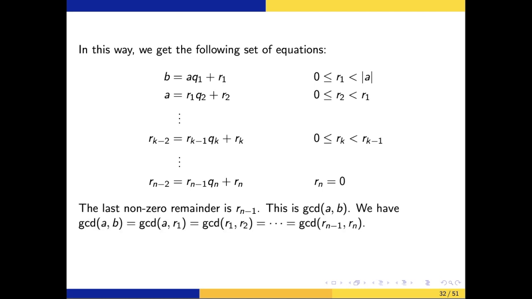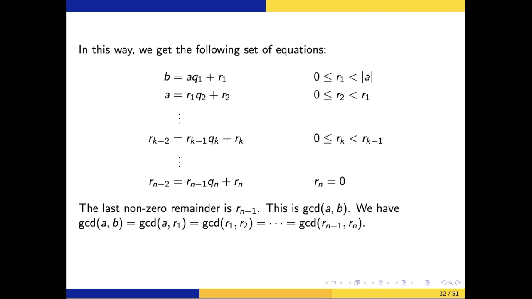And to show this, we again resort back to the chain of equalities that we had created. The GCD of A and B was equal to the GCD of A and R1, which was equal to the GCD of R1 and R2, which would be then equal to the GCD of R2 and R3, and so on. And continuing in this way, we get that it is equal to the GCD of R sub n minus 1 and R sub n.